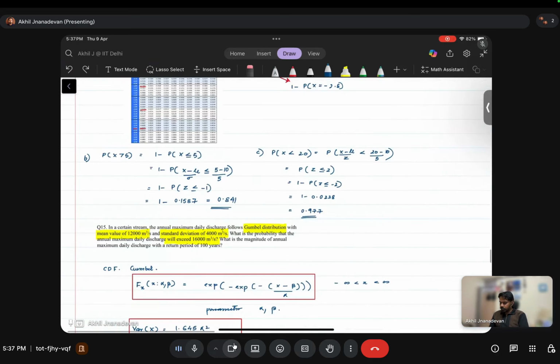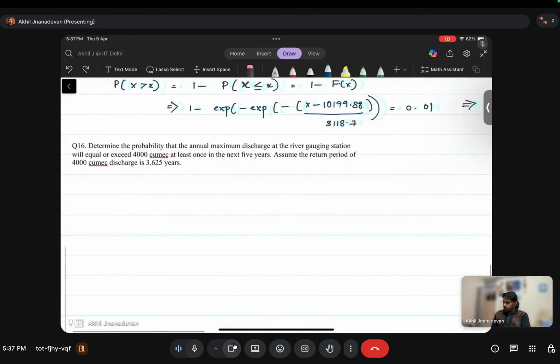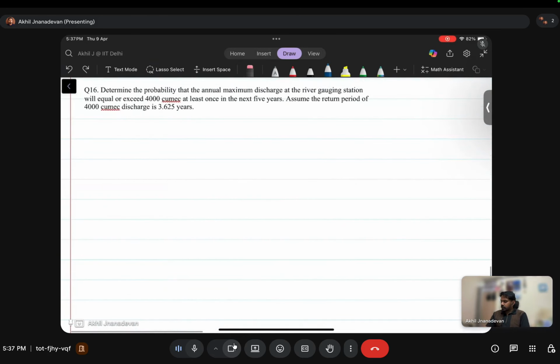The only thing you have to remember is the CDF, which is easier to remember, which is why I've given it. We can always convert the required probability into the CDF format and then solve it. Also remember how mean and variance are connected to alpha and beta. Now we can move on to the 16th question.